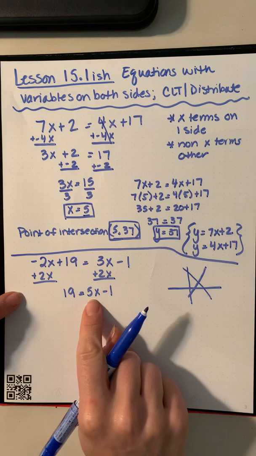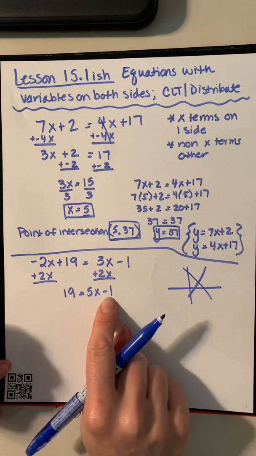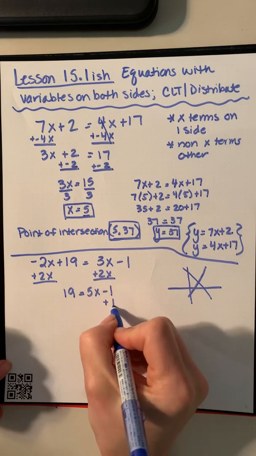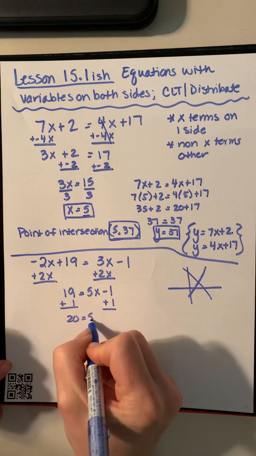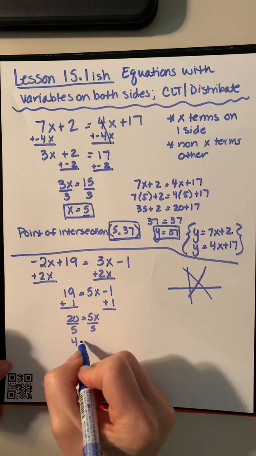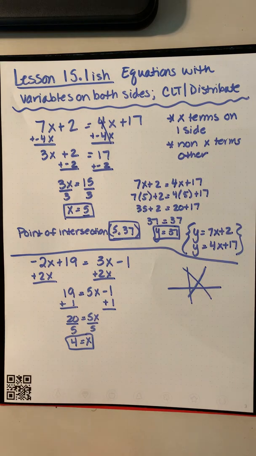Our goal is to have x's on one side and non-x's on the other side. So let's move this negative 1 so that we can keep the x by itself. Add 1, 20 equals 5x. Divide by 5, and 4 equals x. So there's our first point.